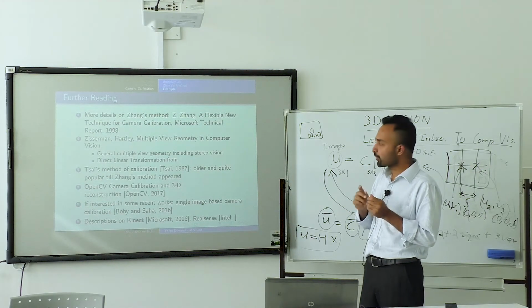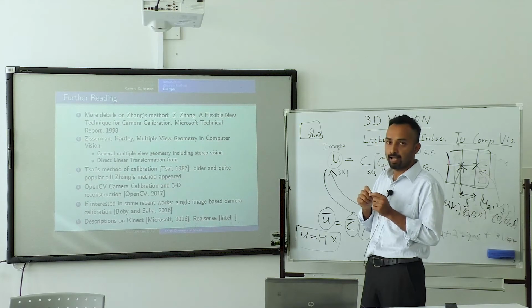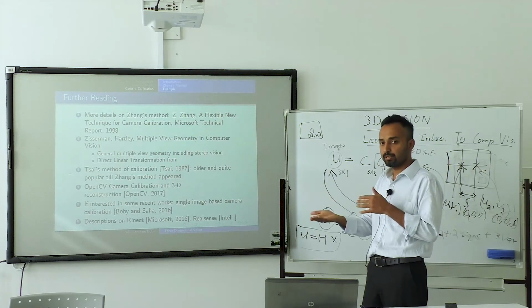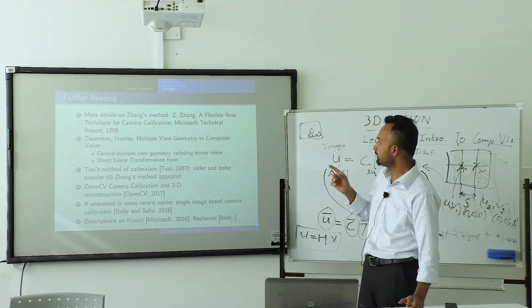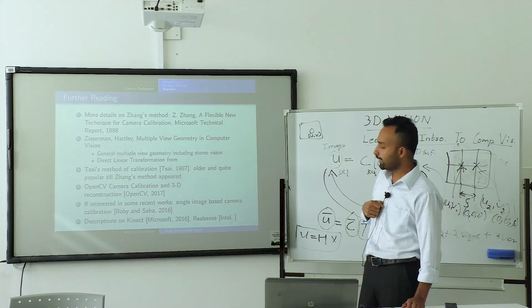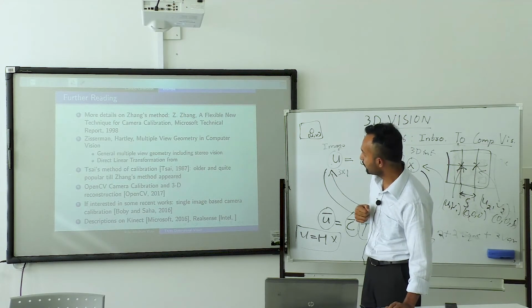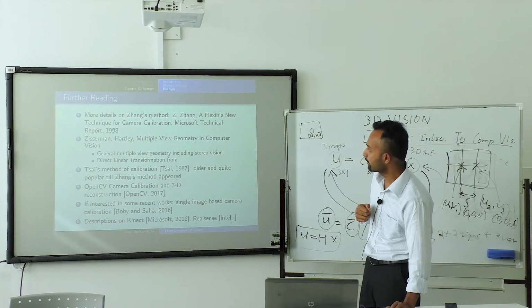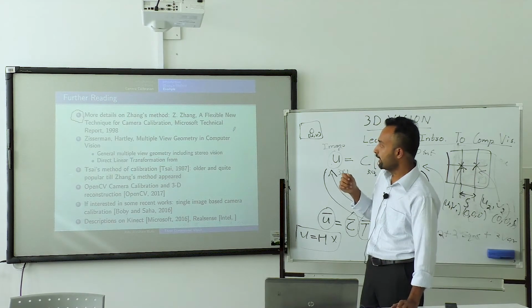Whatever I have discussed about Zhang's method, and much more detail about it, is available in a report which he created as part of Microsoft, and that has the same title, A Flexible New Technique for Camera Calibration. So to understand more about the method I have discussed, you can refer to this report.